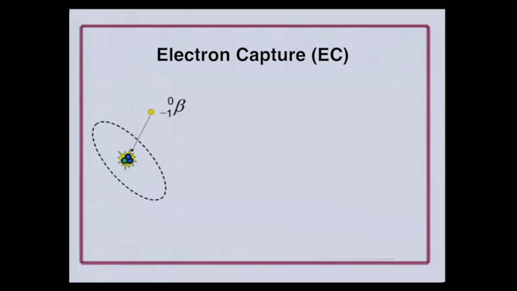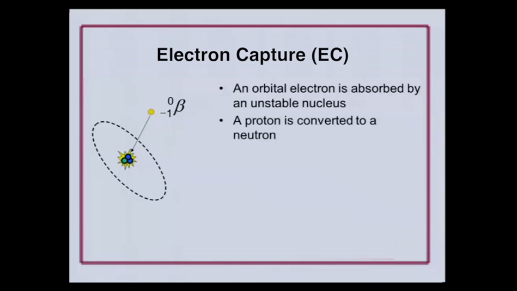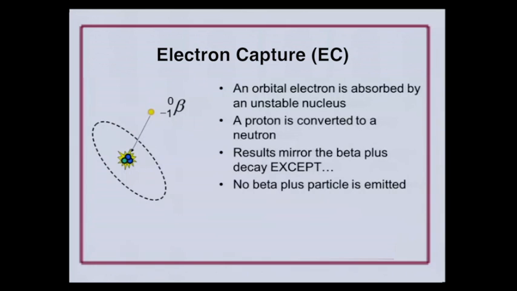New element. So it's an electron capture. In that respect, the proton to neutron conversion is very much like a beta minus, beta plus, but no beta particle is emitted.